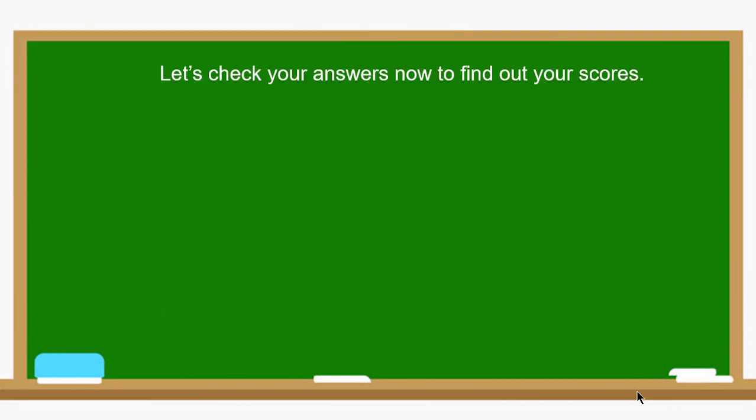Let's check your answers now to find out your scores. Number 1, 7,646 kilowatt hour is the answer. Number 2, 3,812 kilowatt hour. Number 3, 1,052 kilowatt hour.